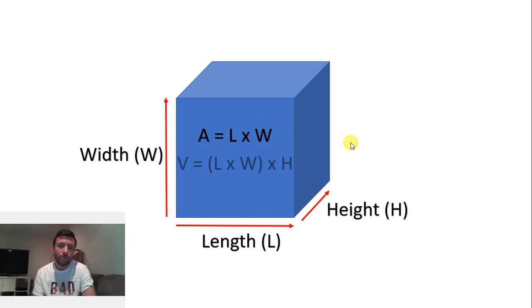So for the volume, in this case, we're just going to have the length times the width and then times the height. Our common formula for volume is V equals the area times the height. So it's the area of the front piece, this piece here, times the height of the prism. So there's the two options here. We can see that A is length times width, so that's why we have that there.